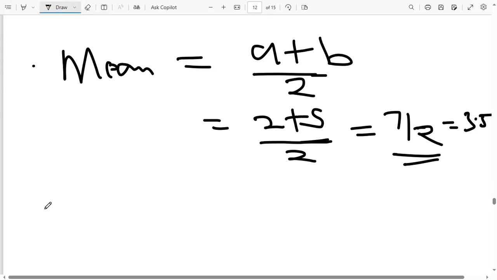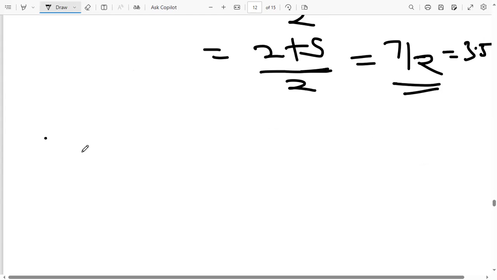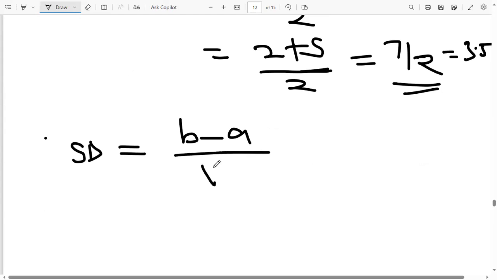And then the standard deviation also has a special formula. Standard deviation under the uniform distribution is equal to B minus A divided by the square root of 12.